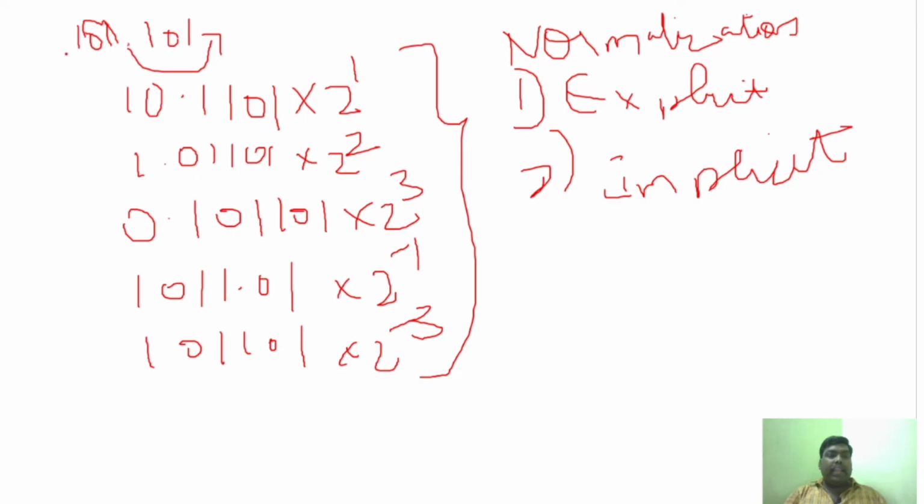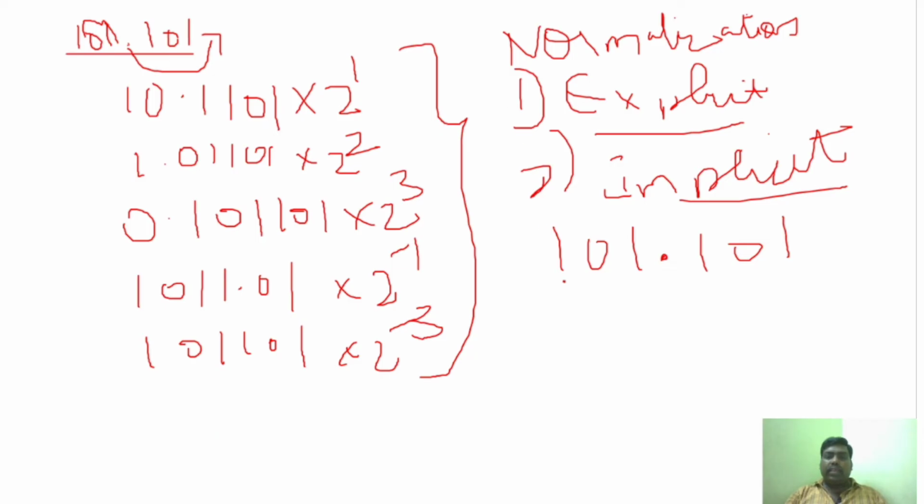If you take any particular number, I take this number itself, 101.101, the MSB has to be always 1. You cannot consider 0 as the MSB according to normalization. Moving the decimal point to the left of the MSB 1 is called explicit normalization; to the right of that MSB 1 is called implicit representation.